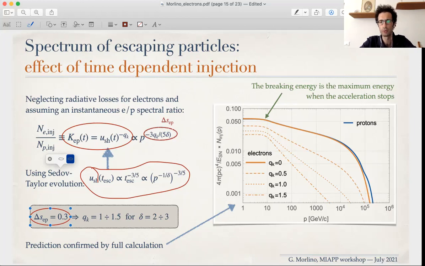I forgot to mention that this delta is indeed a free parameter, but we have used this model to fit the gamma ray emission from several supernova remnants, and usually we infer a delta of the order of 2, 3. So this is the reason why we are taking this number. So again, assuming delta between 2 and 3, we infer a Qk between 1 and 1.5.